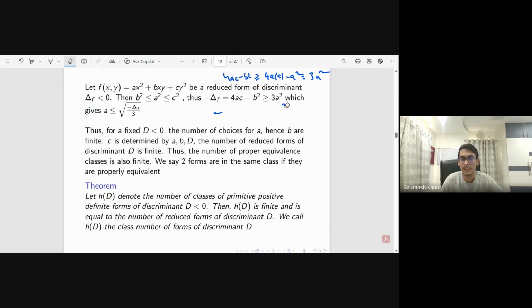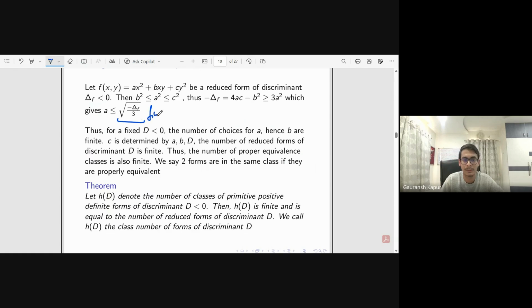So what this is telling you is that for a reduced form, the leading coefficient a has finitely many choices, because the discriminant is bounded. Delta is fixed, so a is bounded above, and a is positive because of positive definiteness, so a has finitely many choices. Our condition before was |b| ≤ a ≤ c.